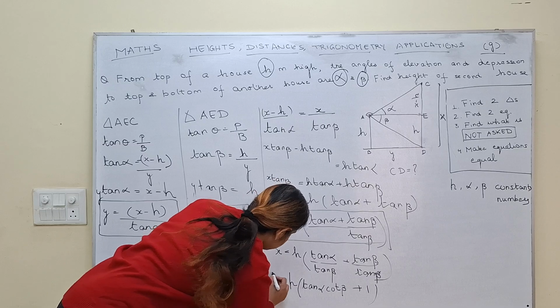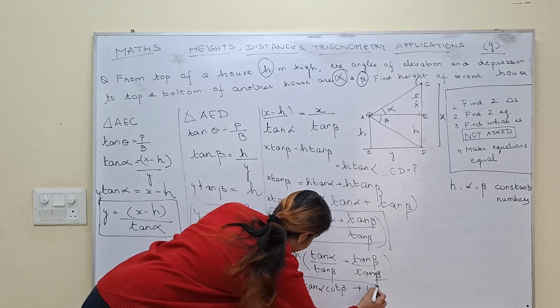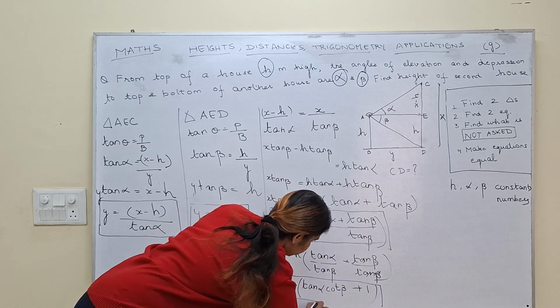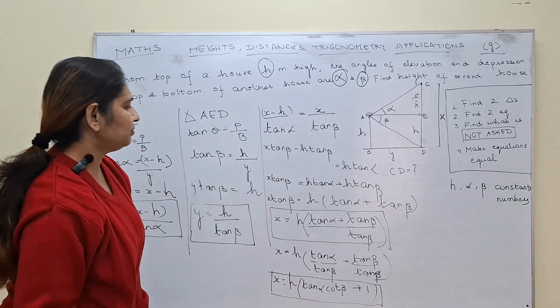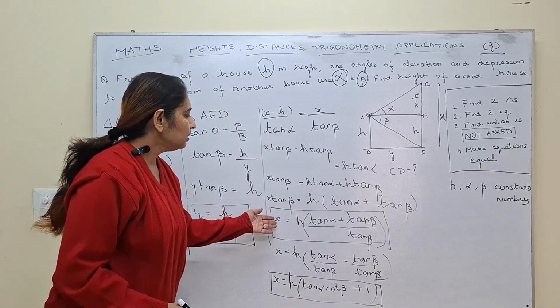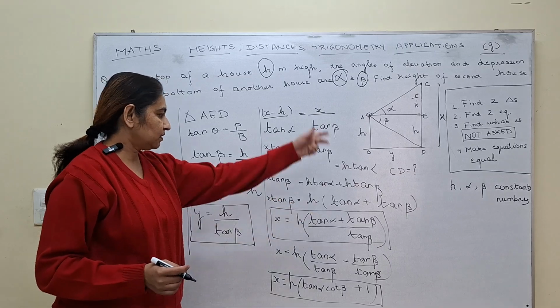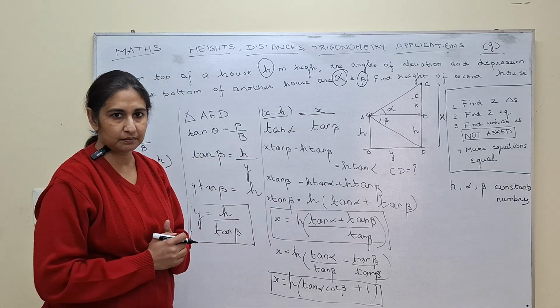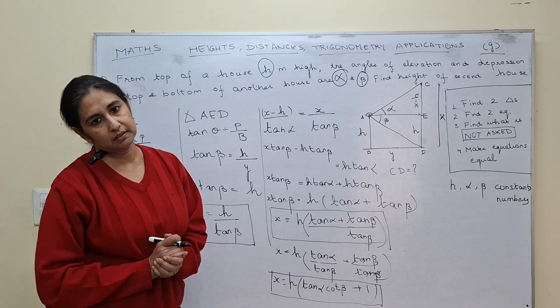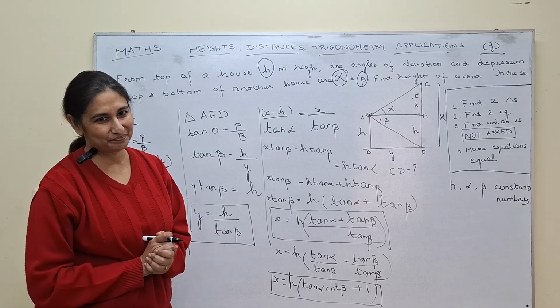So in certain books, the height of the second house is mentioned like this. We can easily do it in one more step. Or this much is also fine, that the height of the second house is this, or this in case you want it till here.